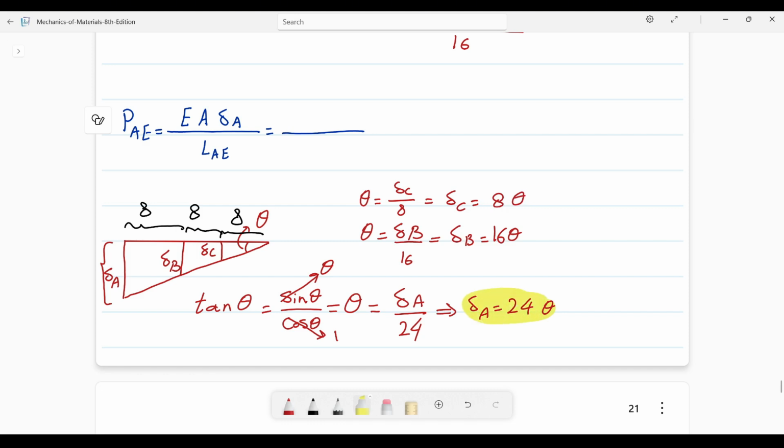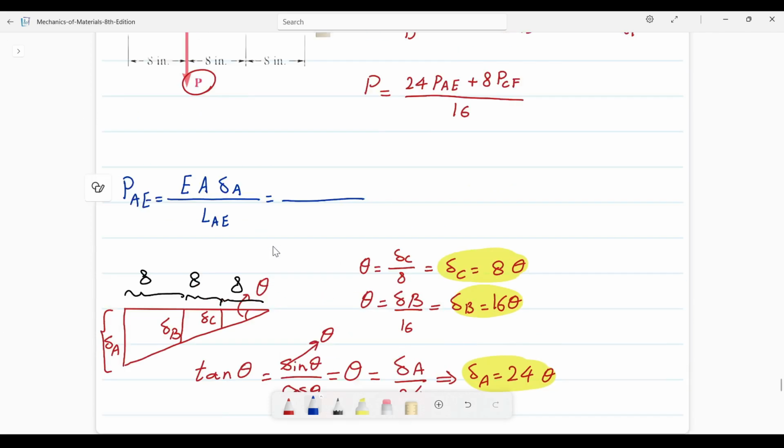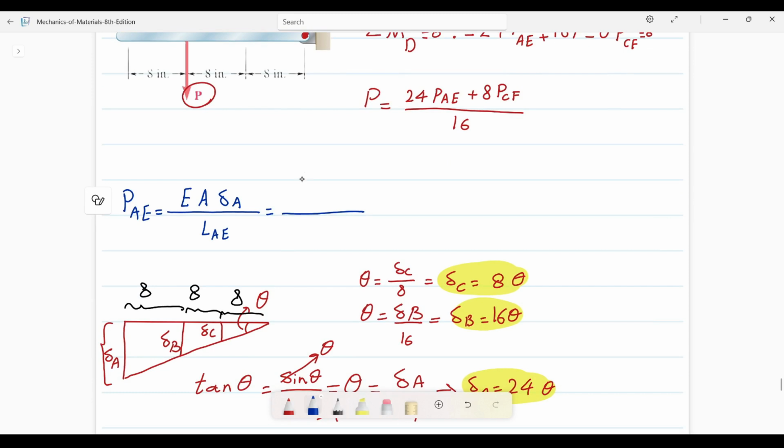We use these three equations in our formula, and that means we have E, which is equal to 29 multiplied by 10 to the power of 6.